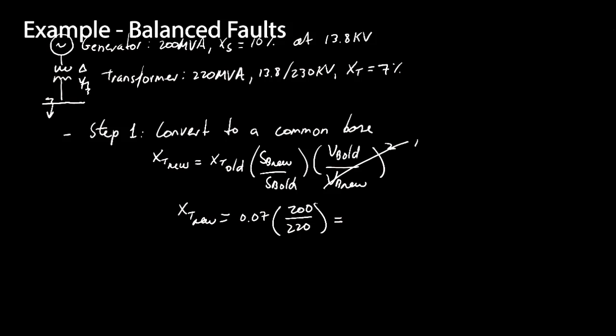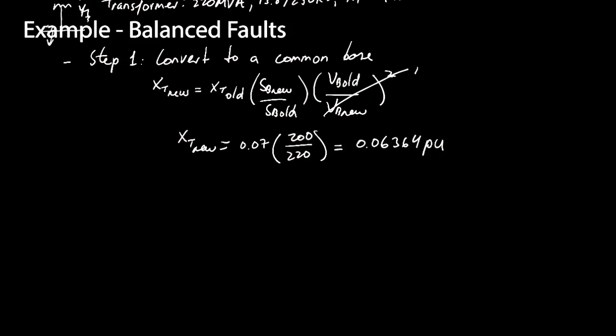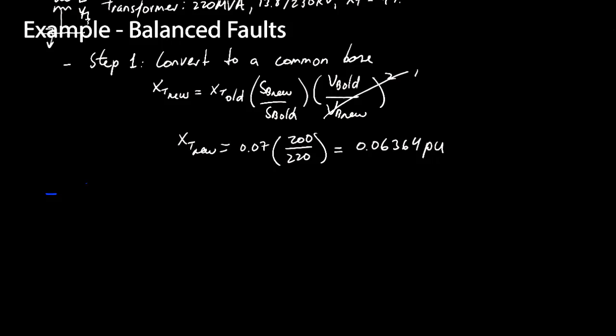So if we calculate this, we get that XT new is going to be equal to 0.06364 per unit. Now step 2, and let me switch colors and let me write it over here. So step 2 now is going to be draw the circuit.